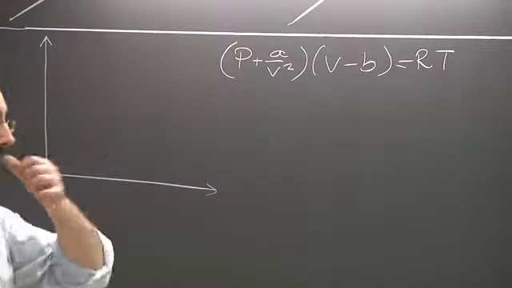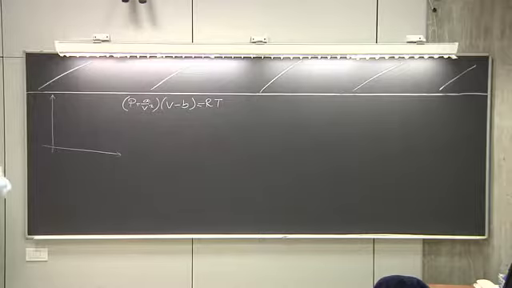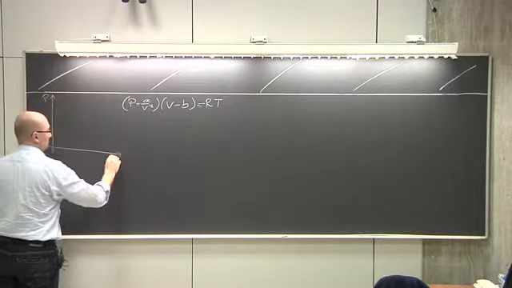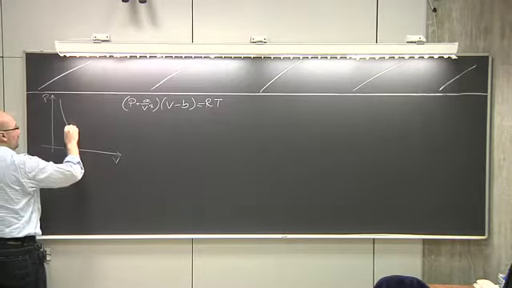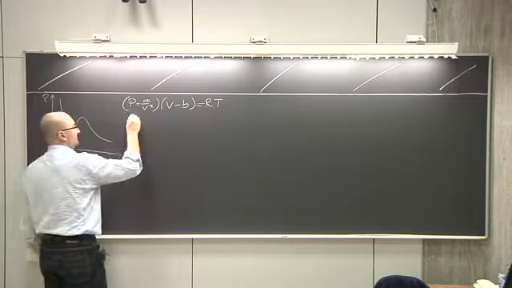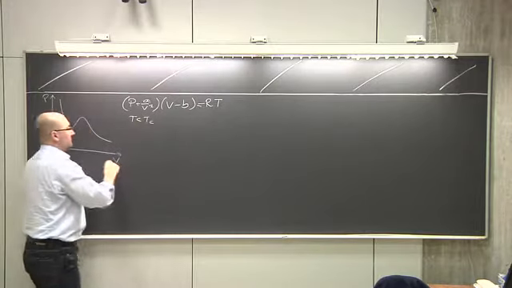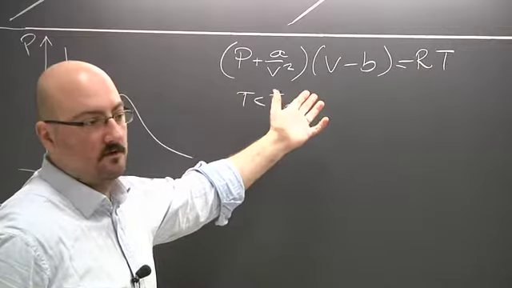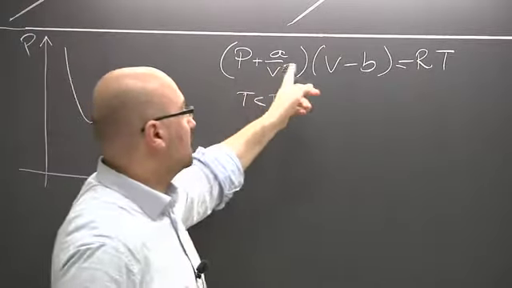This is 1 mole of van der Waals gas. Your friend wants to know why, for T less than Tc, you have something like this. It's just the equation, okay? Just the solution of the equation.